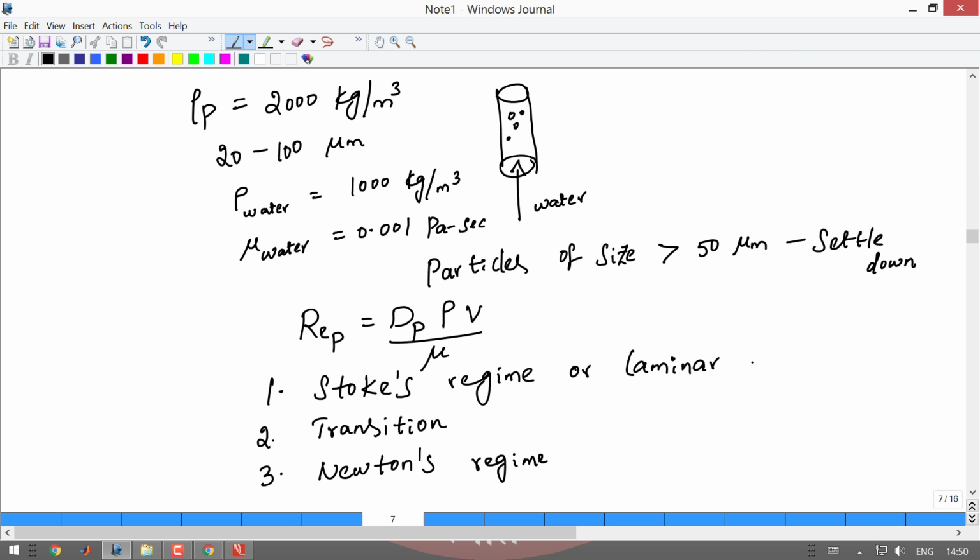In the Stokes region the Reynolds number of the particle is less than 2, and in the transition region the Reynolds number lies between 2 to 500. In Newton's region the Reynolds number of the particle is greater than 500.